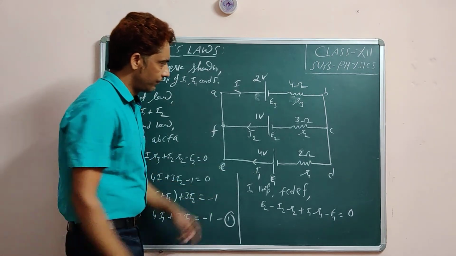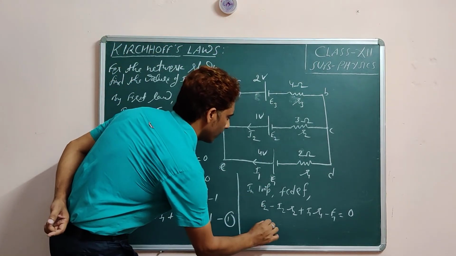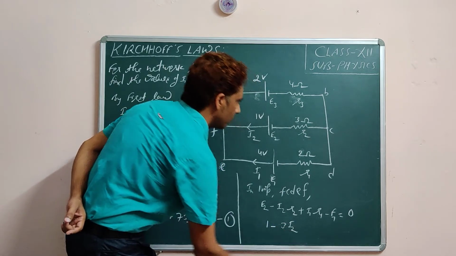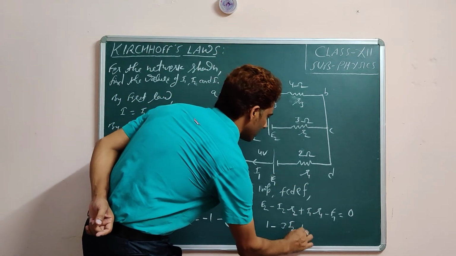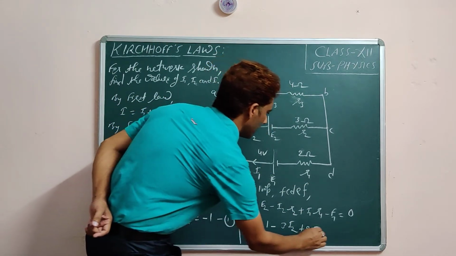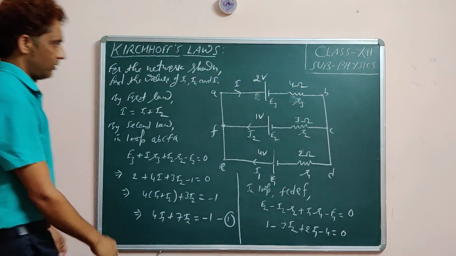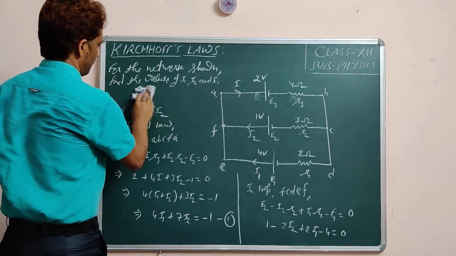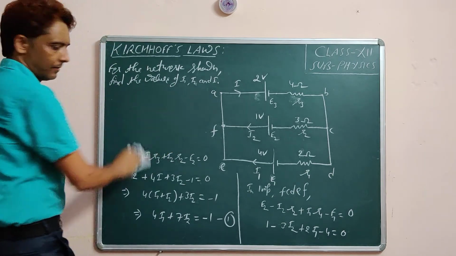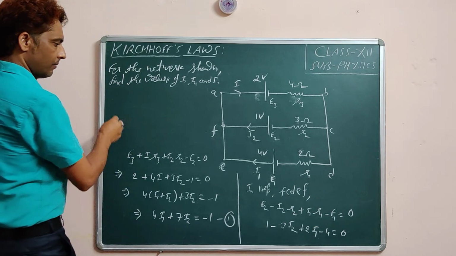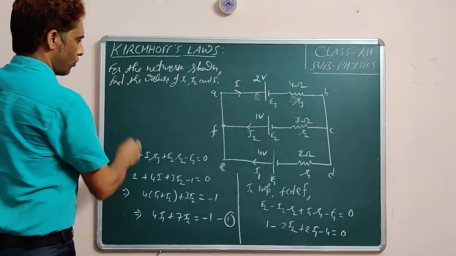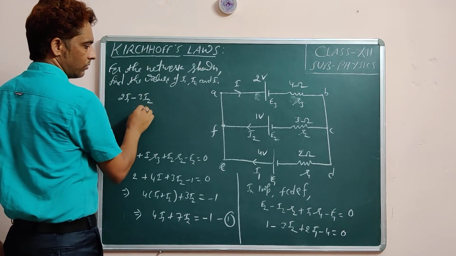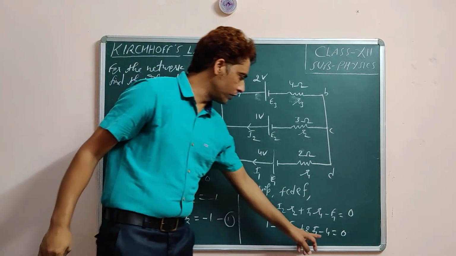Now we will put the values of known variables. So 1 minus 3I2 plus 2I1 minus 4 is equal to 0, or this will be 2I1 minus 3I2. 1 minus 4 is equal to minus 3.